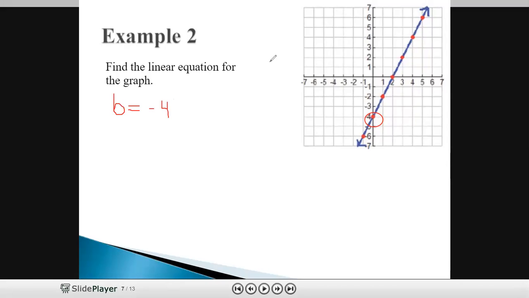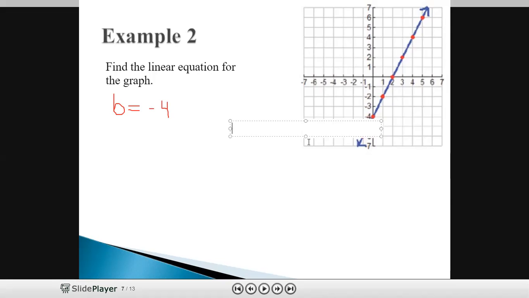Second point, can anyone tell me what the second point is? Yes, please, Ahmed. We'll find the slope. We'll choose 2 points. Exactly, we are going to choose 2 points: 1 and -2. Okay, then let me write what you said.